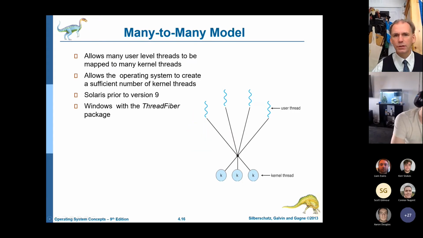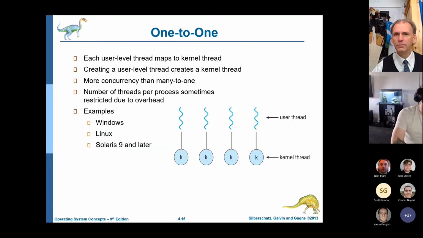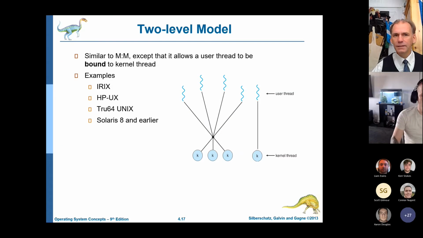And this is the bit where I was saying right at the start, I'm going to jump over bits, because if you're not into programming, you're just sitting there going, what? So at the moment, just trust me that there's many-to-one, one-to-one, many-to-many, and a two-level model. A two-level model takes the many-to-many model, throws in the one-to-one model, and says, okay, you can have many-to-many and let the operating system look after it.